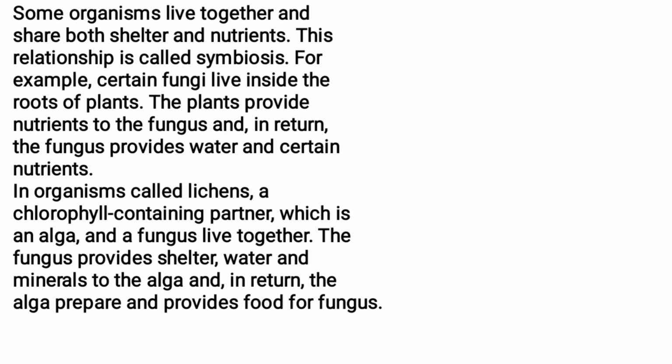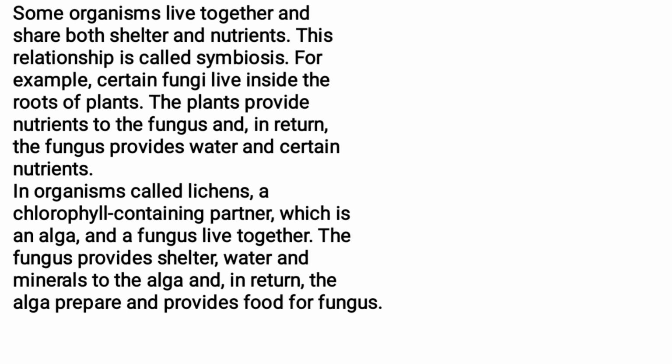When these organisms are present in the root of the plant, they take up nutrients from the plant and in return they give water and the nutrients which are required for the plant. This type of relationship where shelter and nutrients are shared is called symbiosis.